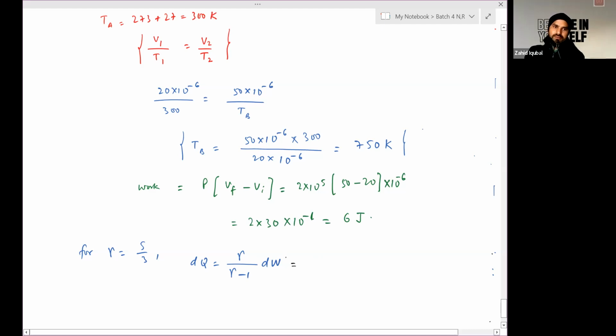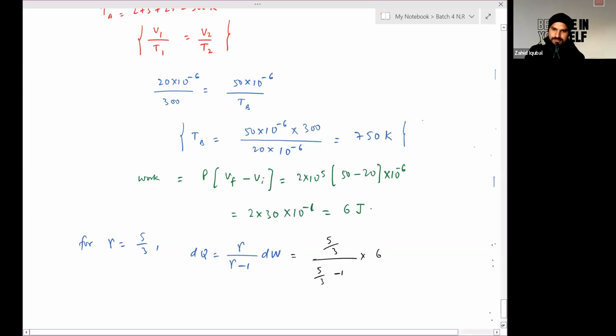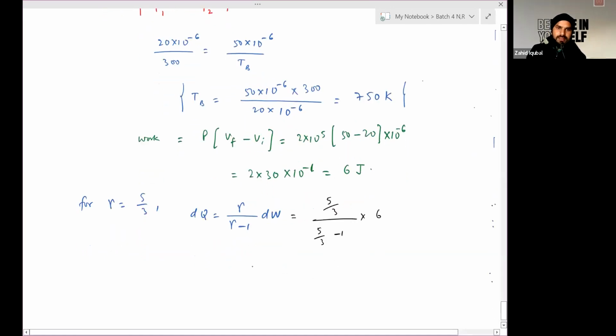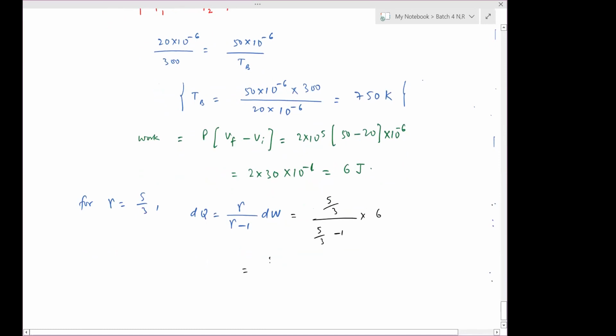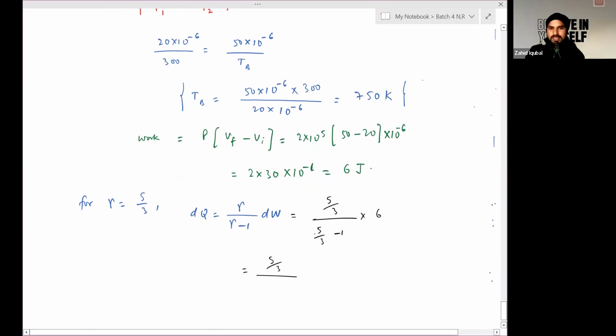Let me solve. We have gamma equals to 5 by 3 whole divided by 5 by 3 minus 1, multiplied by work done, that is 6. So in numerator, we have 5 divided by 3, whole divided by, in denominator it is 5 by 3 minus 1.